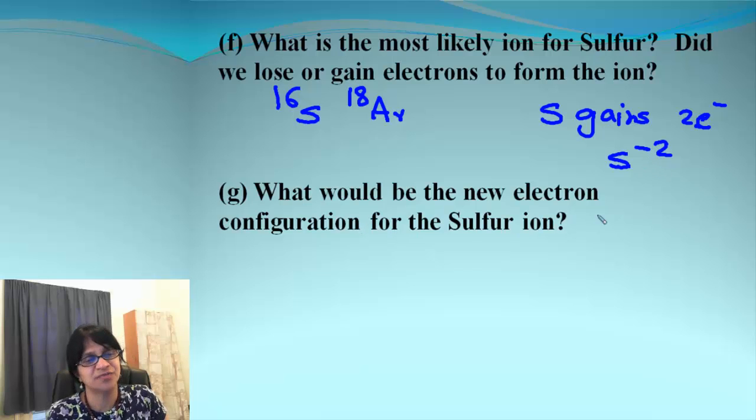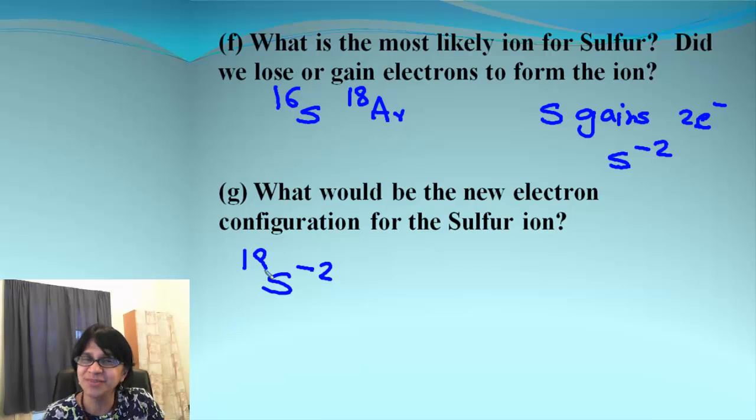Now what will be the new electron configuration for the sulfur ion? The sulfur ion has a charge of negative 2. The atom has 16 electrons, but now the ion has gained 2 more electrons, so the electrons are 18 for sulfur now.